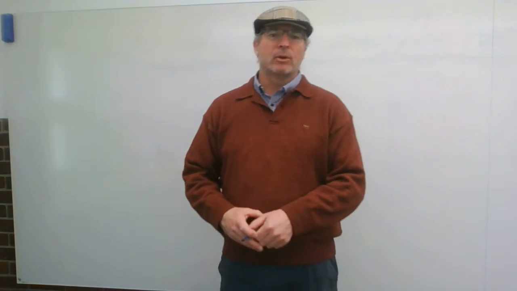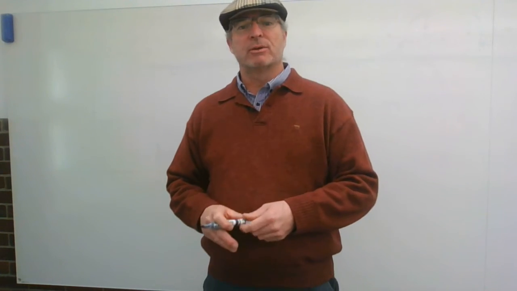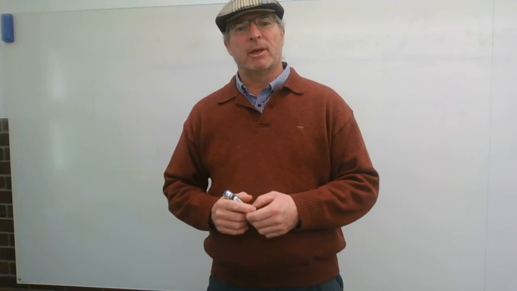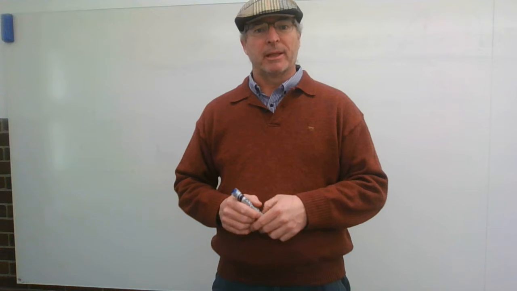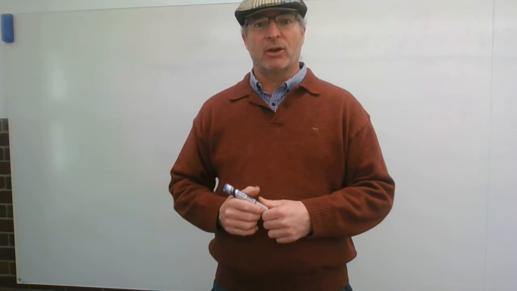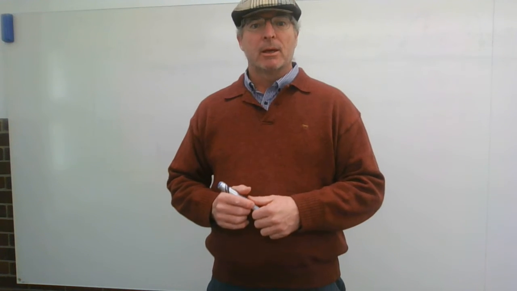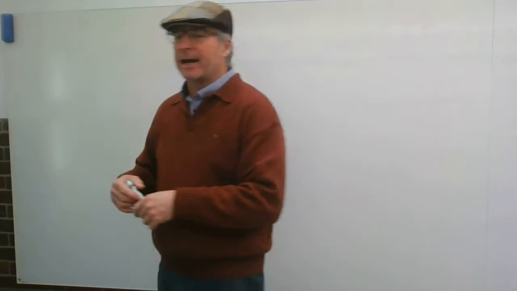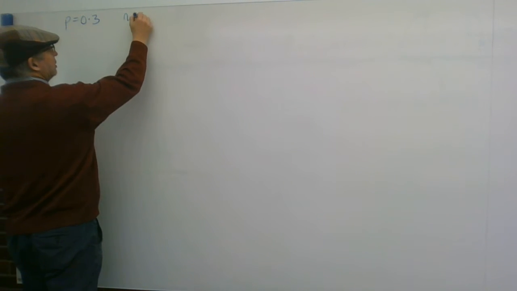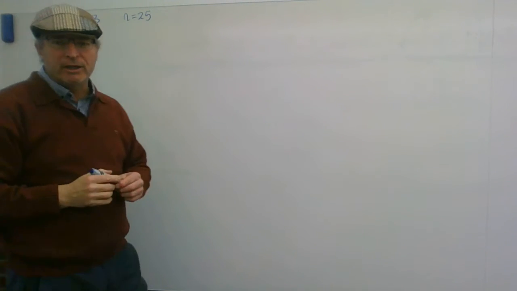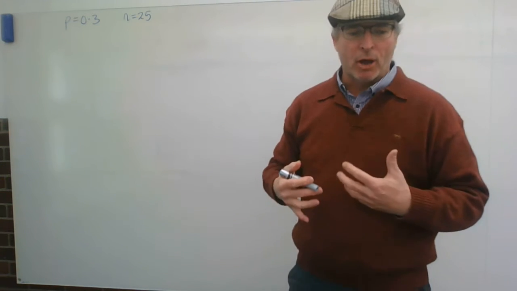Okay, let's have a look at a random variable that is distributed as a binomial, but let's try approximating a probability using the normal distribution. So let the probability of success be 0.3, and let's do n = 25 Bernoulli trials for our binomial.